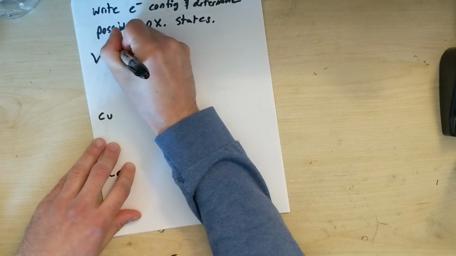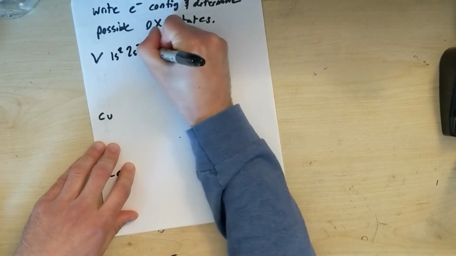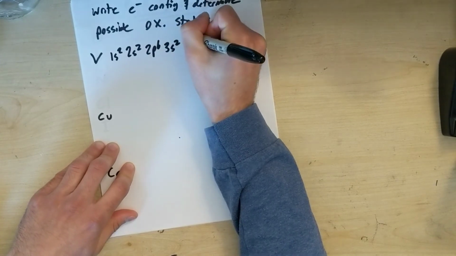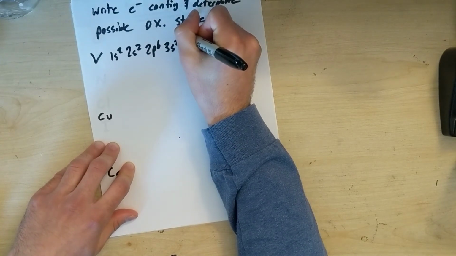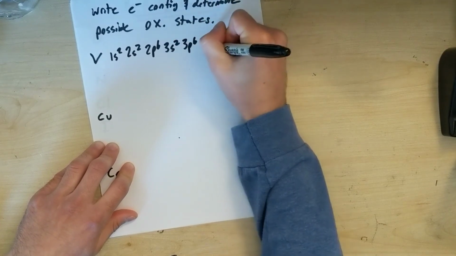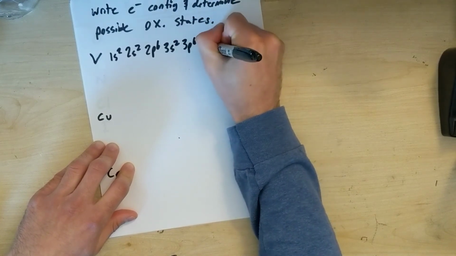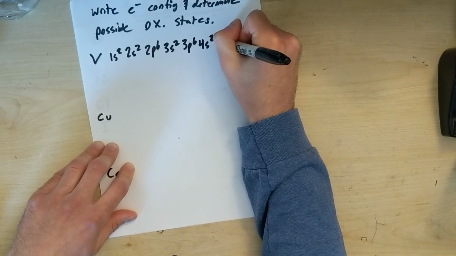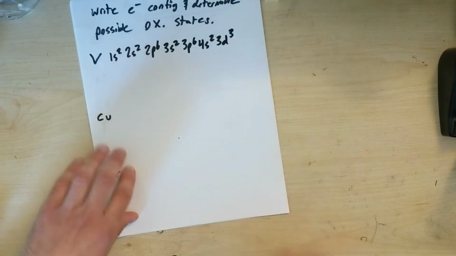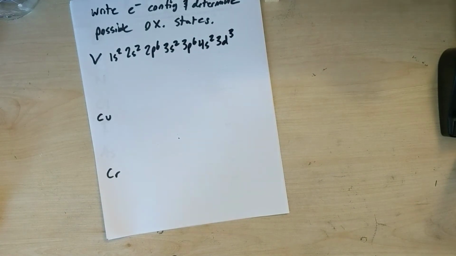So we said 1s2, 2s2, 2p6, 3s2, 3p6, 4s2, and then we have 3d3. And if you have your own periodic table, you can follow along. Okay, so this is the electron configuration for it.